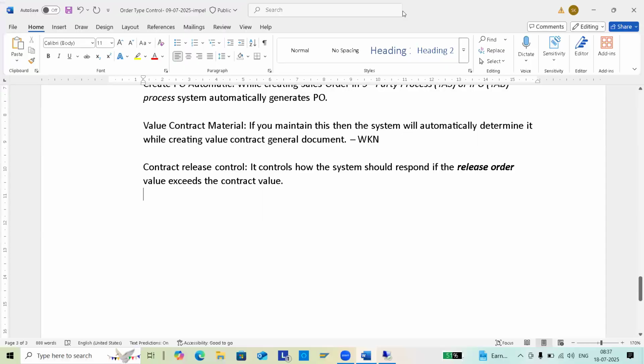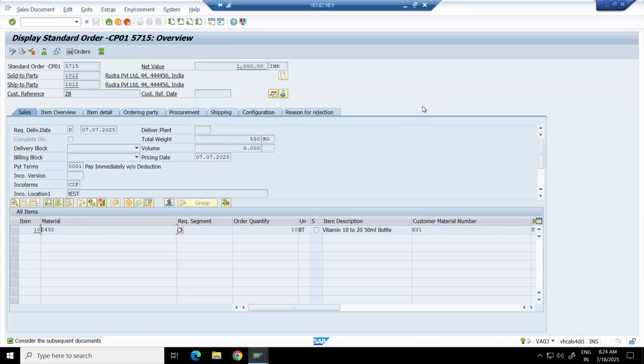Where can you see the TAN in this order? Unmute yourself and tell me. Line item click, that is. Item detail also we can go for that.